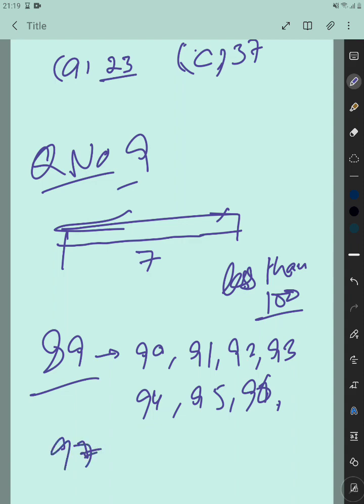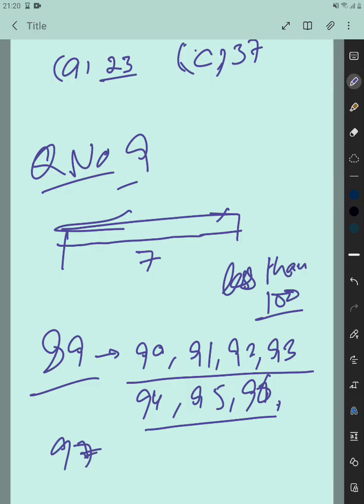So 97 is a prime number. So these are the only 7 consecutive numbers where there is no prime number in between. This is the answer of question number 9.